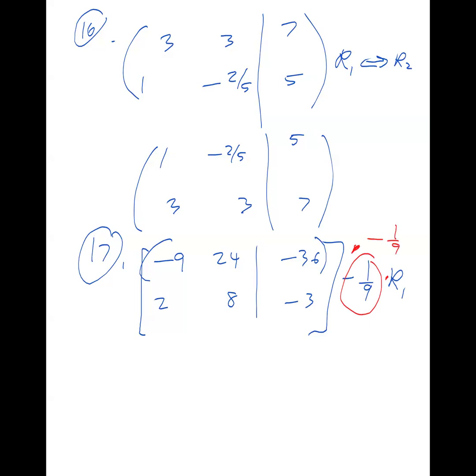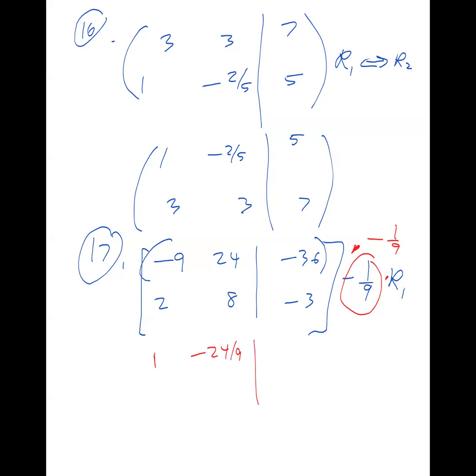What is negative 9 times negative 1/9? What is a number times its reciprocal? 1, correct. And then what's 24 times negative 1/9? I'm going to cheat a little bit and just say negative 24/9, because 24 times negative 1/9 would be negative 24/9.